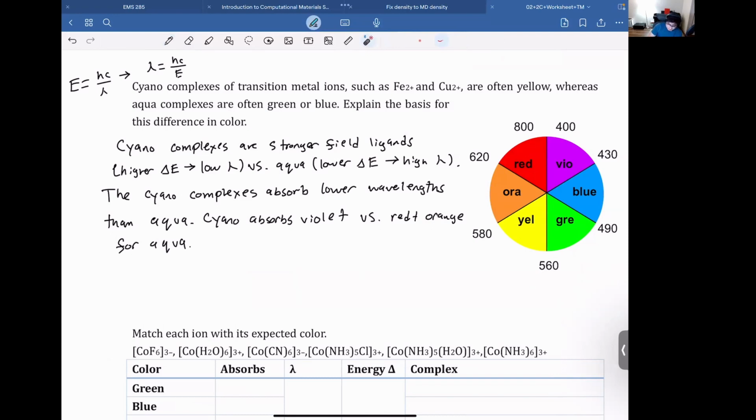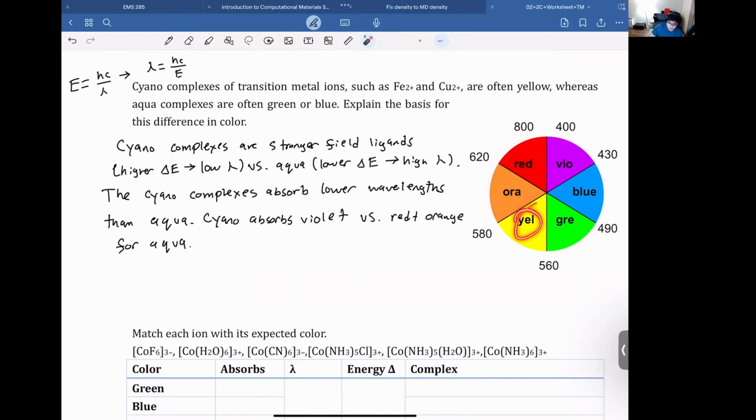How did I get violet? Right. It said that cyano complexes are often yellow. Well, if you see yellow, it absorbs violet. If you see blue or green, it absorbs red or orange. And when you look at this, it is true, right?